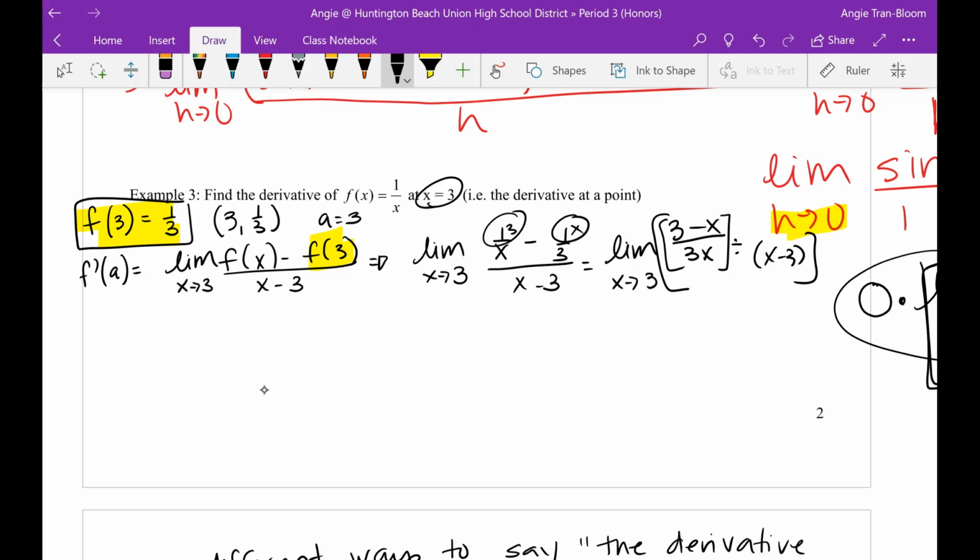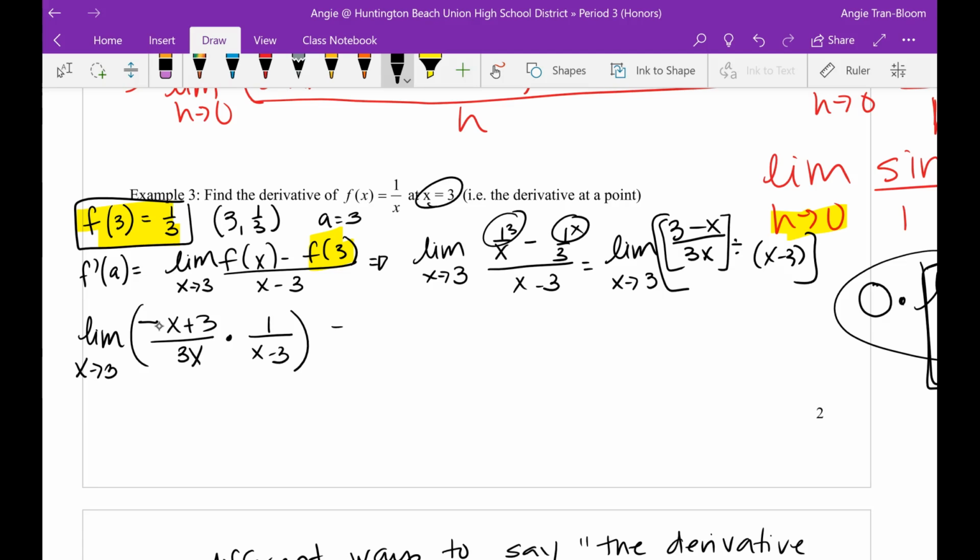Because now if I multiply by its reciprocal, guess what happens? I'm going to rewrite negative x plus 3 this way, all over 3x. Divide is now multiplication by the reciprocal of x minus 3.